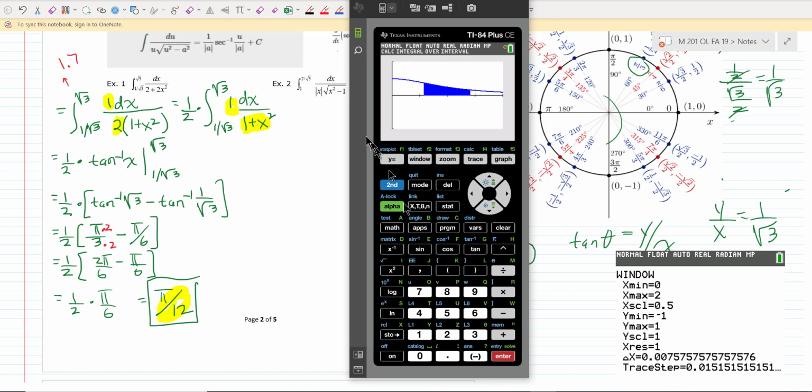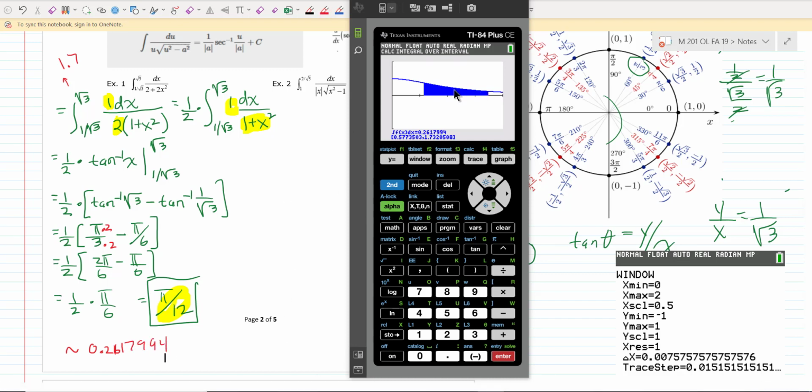Now it's going to shade that area under the curve. This would be 1 over square root of 3. This would be square root of 3. And that gives you this approximate answer on the calculator right there of 0.26179994.